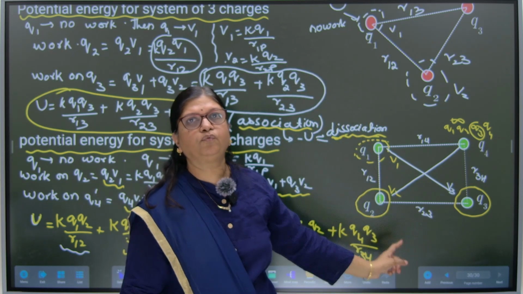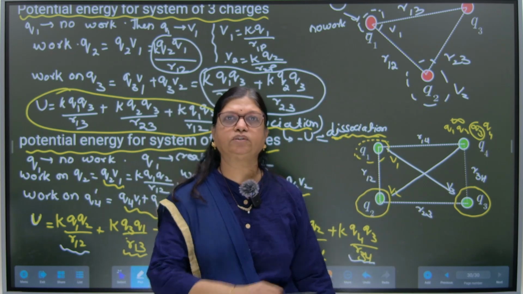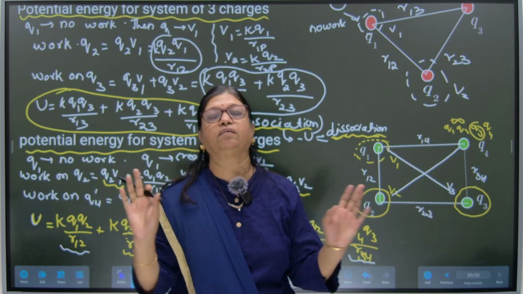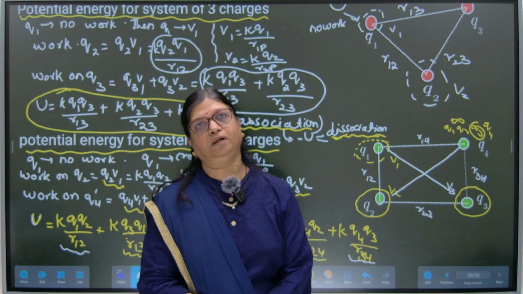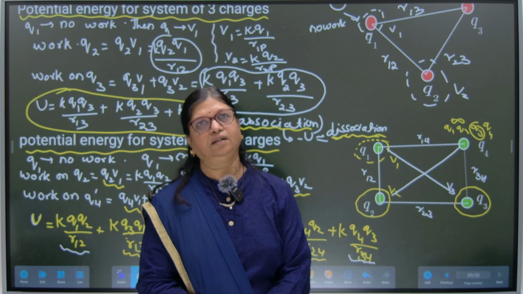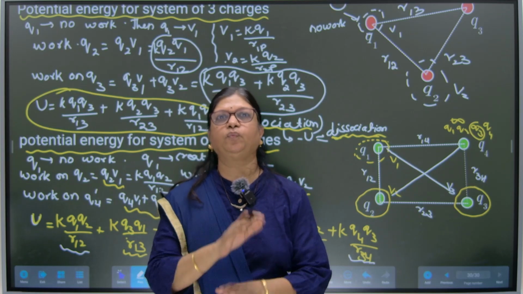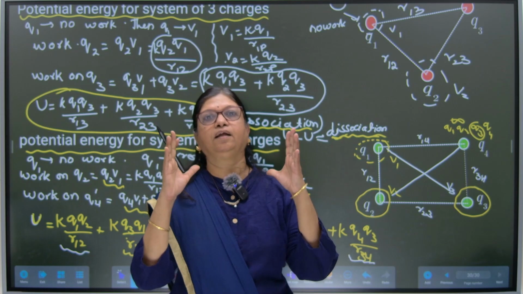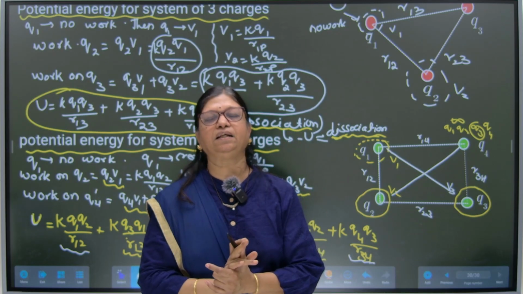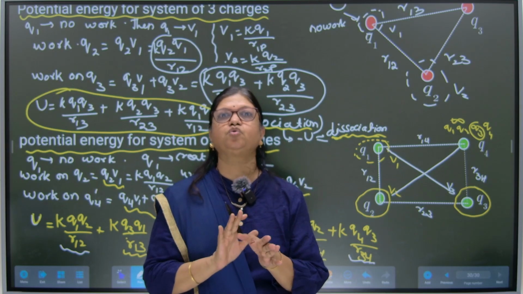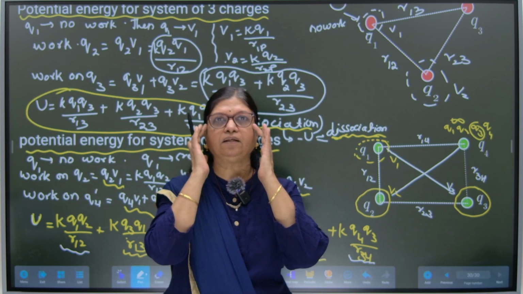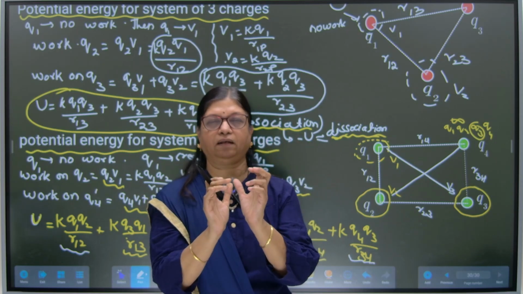Here 4 sides plus 2 diagonals. You're done. This way you remember. Understood? Clear? So just now you take a pic of what we have done. Understand it very clearly, and it is very easy to solve such numericals also, keeping this concept in mind.